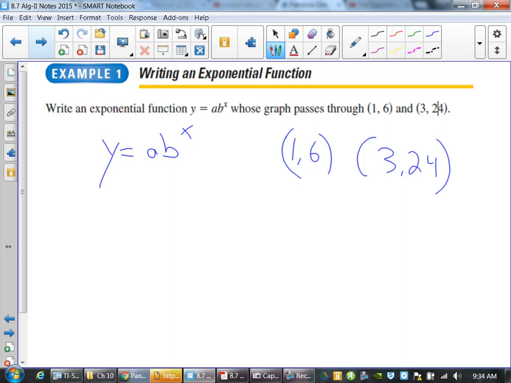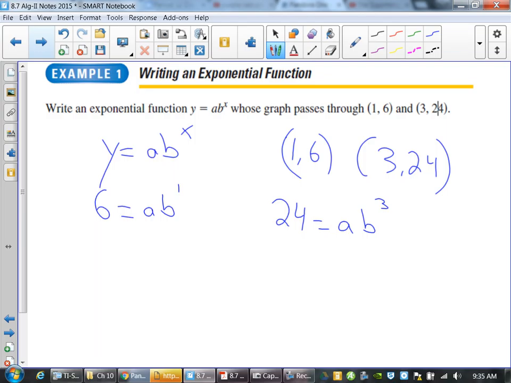What we were doing here was very similar to, remember we did geometric series where we did substitutions and solved out that way? It's kind of the same thing. We have our values of x's and y's, so we know that 6 has to equal a times b to the first power, and 24 has to equal a times b cubed.